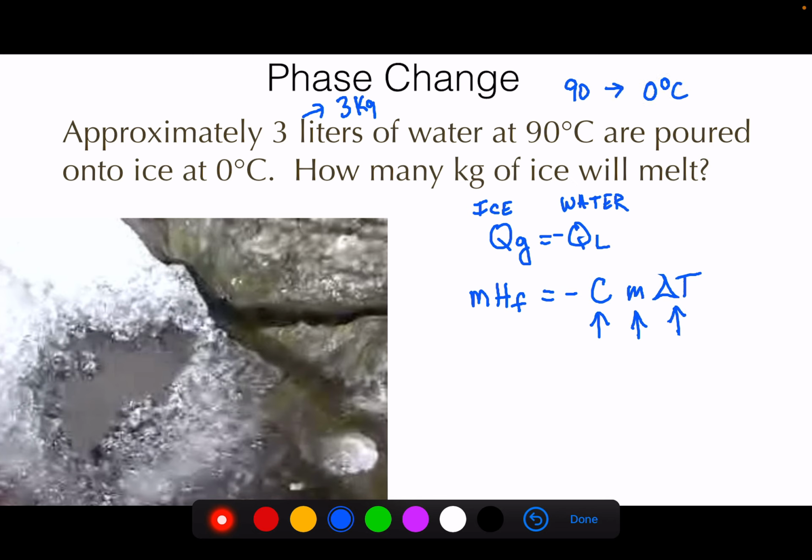There is so much ice in this pond that we're not going to have the water heat up. In fact, we did not even melt all the ice in the pond. Okay, so the water temp is going to go from 90 to 0, so it's going to drop by 90 degrees. Okay, look up the heat of fusion of ice and solve for M. How much ice can I melt with my water?